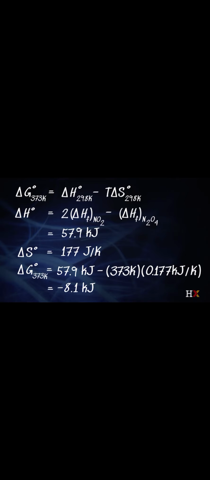kilojoules. So now we redraw our free energy surface. We know that we're starting from reactants and going to products, but now we have a delta G of minus 8.1 kilojoules. And so what we have done is to increase the temperature from room temperature to 100 degrees Celsius, or 373 Kelvin.